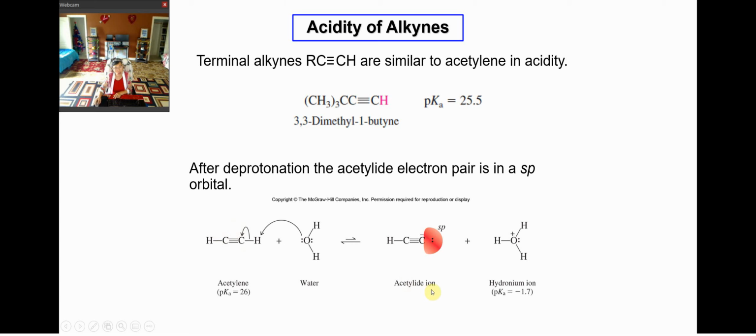However, the forward reaction is very unfavorable, meaning this deprotonation of acetylene to produce acetylide is not favorable. In acetylide, the carbon has a lone pair located in the sp hybrid orbital.